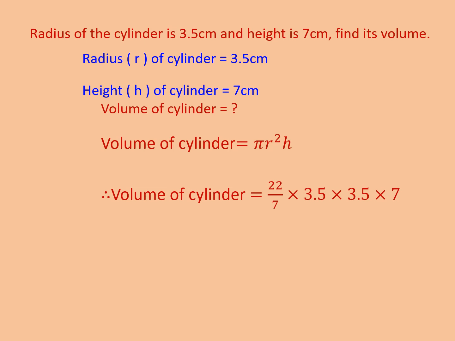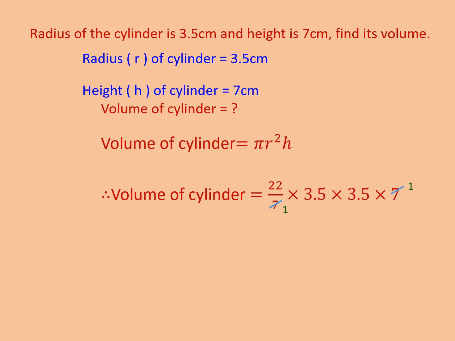When we do substitution, we get 22 upon 7 multiplied by 3.5 multiplied by 3.5 into 7. Why did I multiply 3.5 two times? Because r square is nothing but 3.5 into 3.5. Let us simplify further. One 7 in the denominator cancels with the 7 in the numerator.